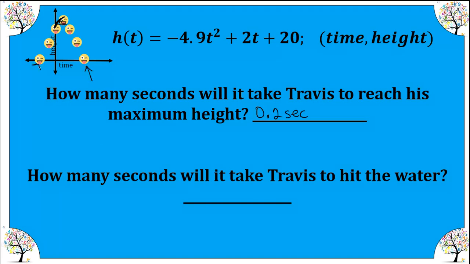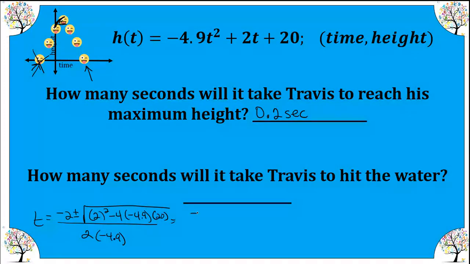We will have one that's negative, and that one will be irrelevant. And we're going to say t equals, so our quadratic formula, negative b plus or minus the square root of b squared minus 4 times our a value times our c value all over 2 times a.